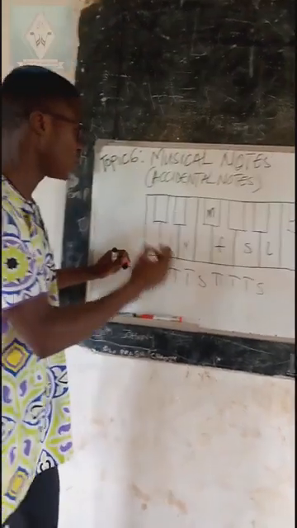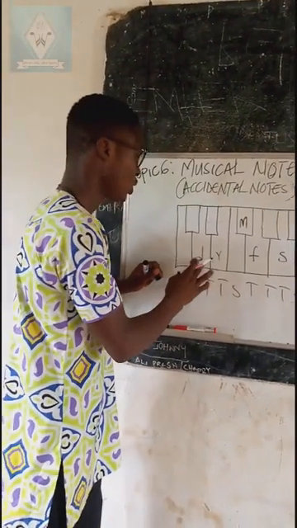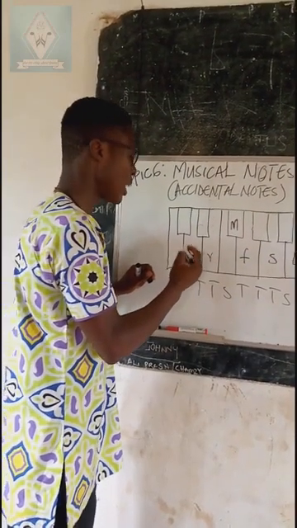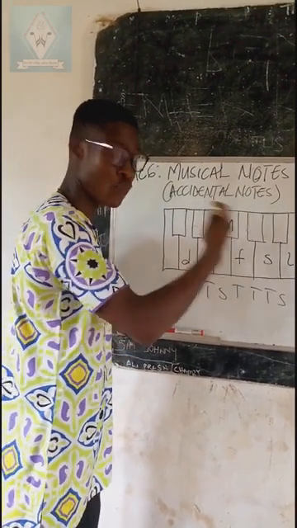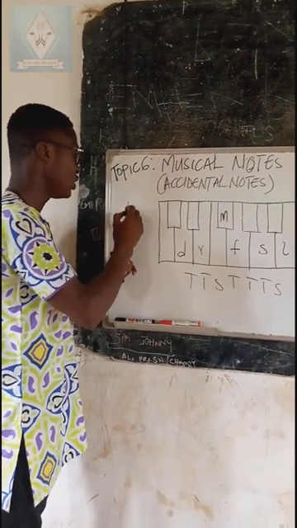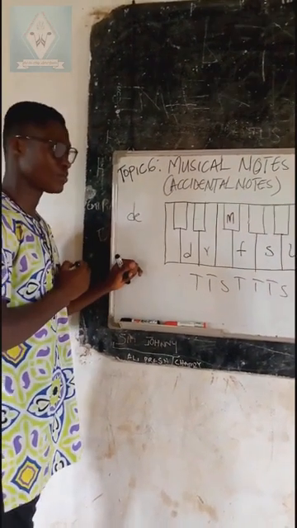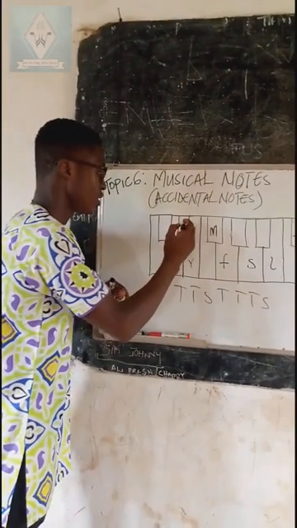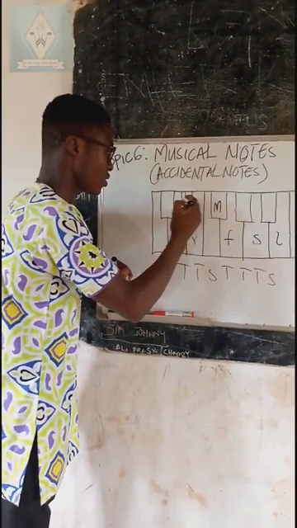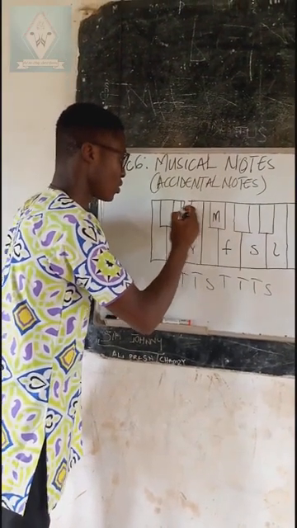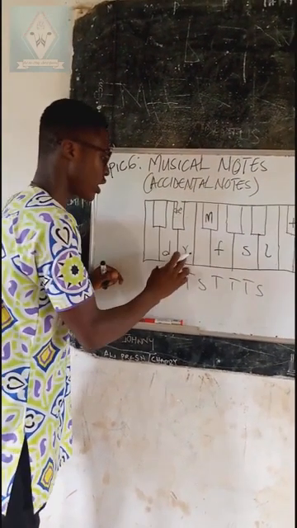Now, if we sharpen do, our endpoint will be here because sharpening entails moving a semitone forward. So if I add E to do, I will have this. So the first name of this key is this. Now over to re.